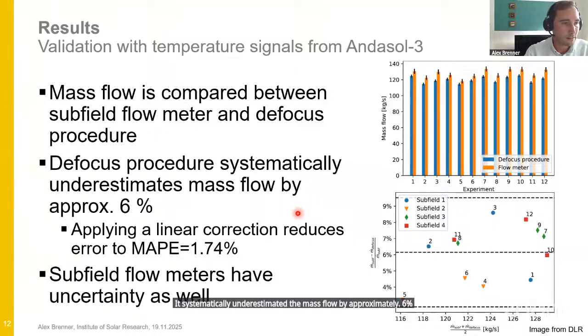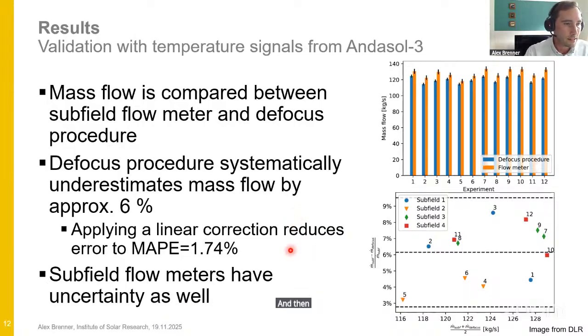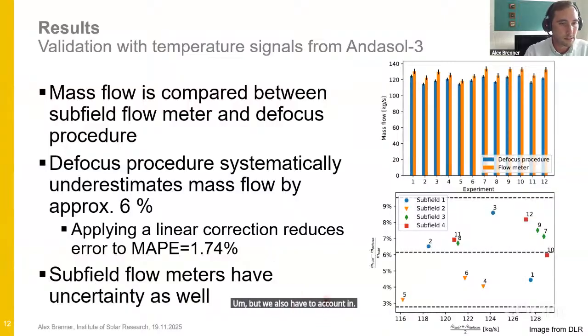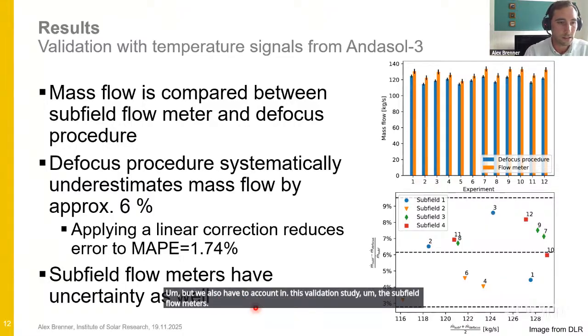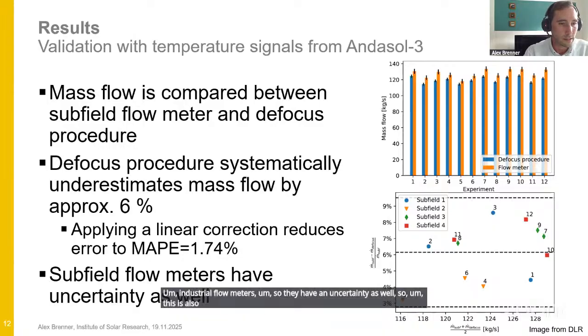So we can also take this into account and correct this, and then we end up with a mean absolute percentage error of 1.7% from our method compared to the regular flow meter installations. What we also have to account in this validation study, the subfield flow meters were just standard industrial flow meters, so they have an uncertainty as well. So this also has to be said for this validation.